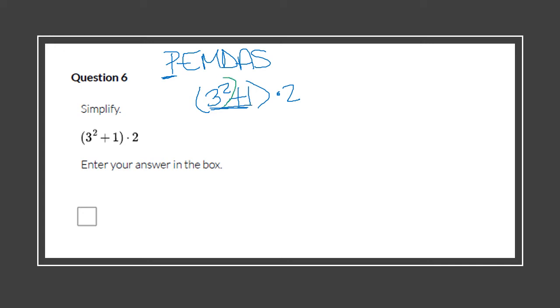And I see the exponent there. So I'm going to say 3 squared. Well, I know that's 9. And I'm going to rewrite the rest of my problem. So I've still got parentheses I need to take care of. 9 plus 1 is 10 times 2. 10 times 2 is 20, and I'm done with that problem.